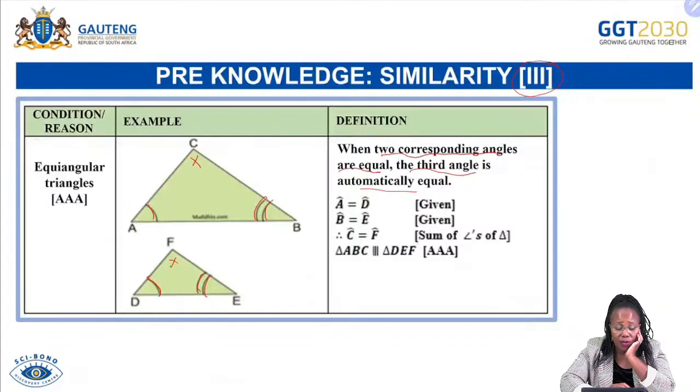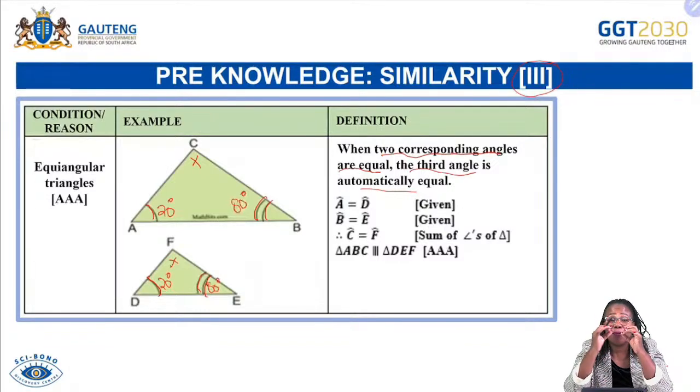How do we know that? If this angle is 20, that means that one is also 20. And if angle B here is equal to, let's say, 80, angle E will also be 80 because they are given as equal. You still remember that the sum of angles of a triangle is 180 degrees.